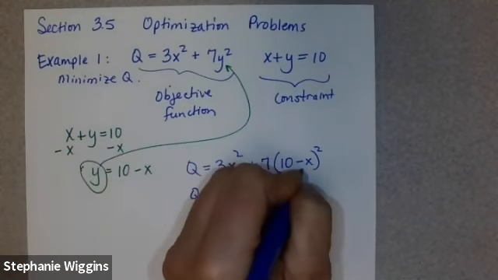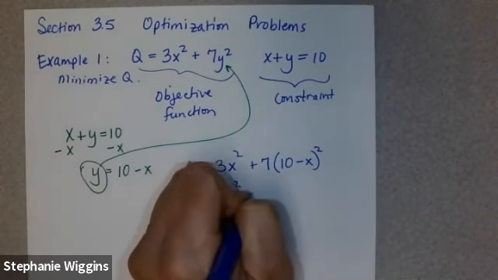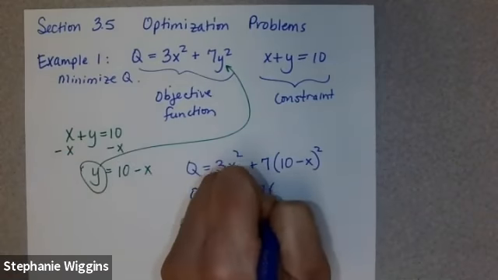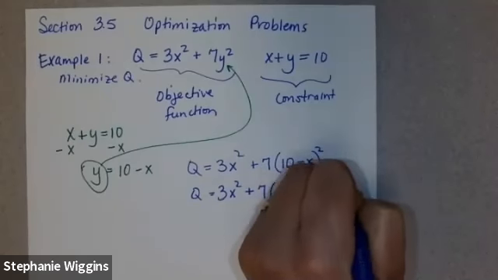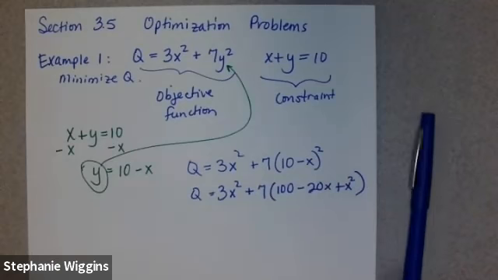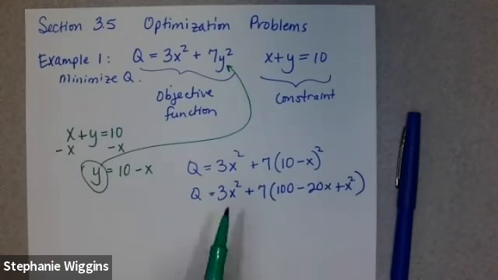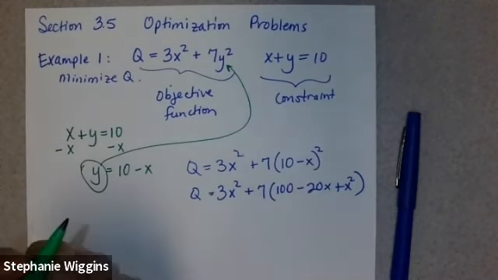First, I'm going to FOIL this out. So I get 3x squared plus 7 times 100 minus 20x plus x squared. This is just using the FOIL method on this perfect square binomial.